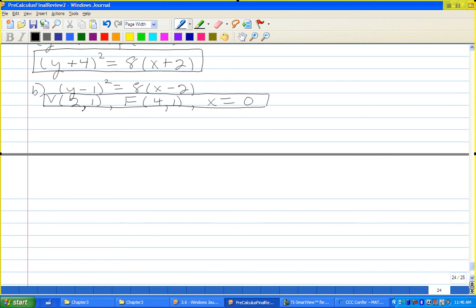Okay. Problem number 6. So we happen to have a suspension bridge, and so you have a parabola. It looks like this.